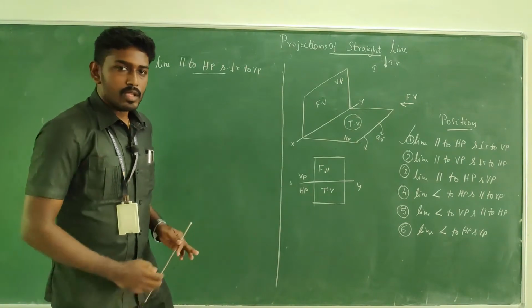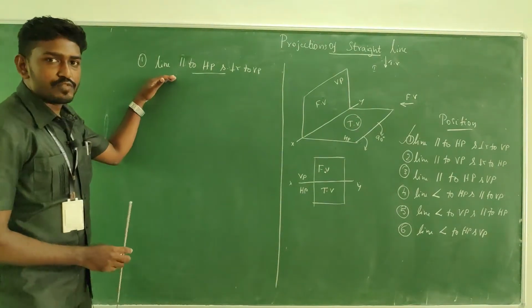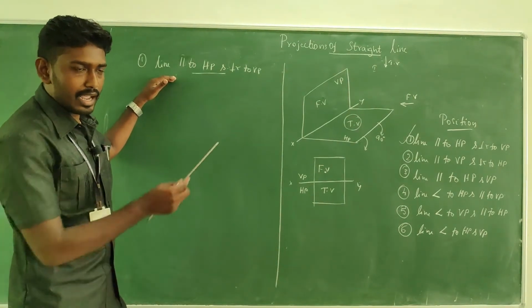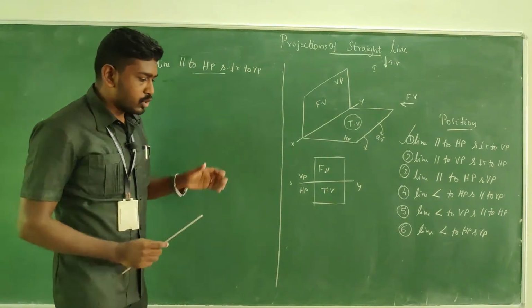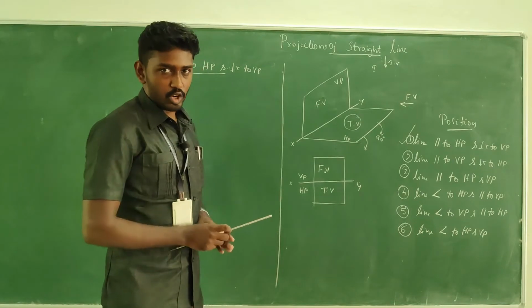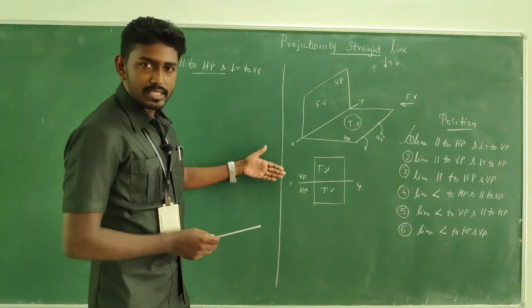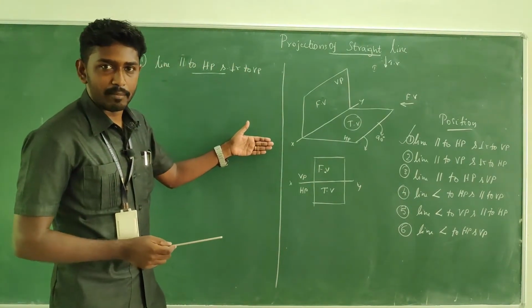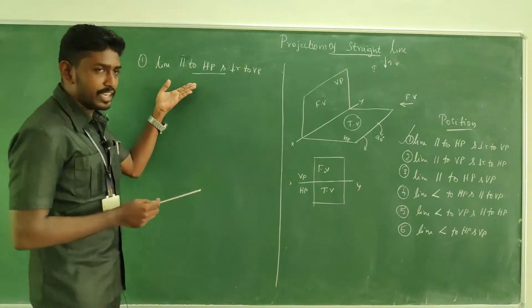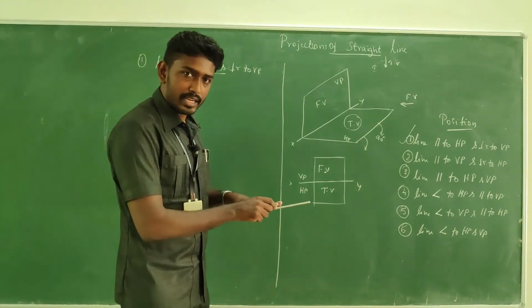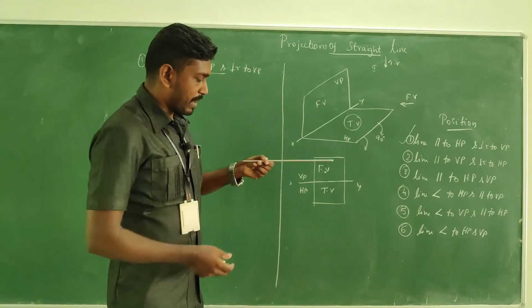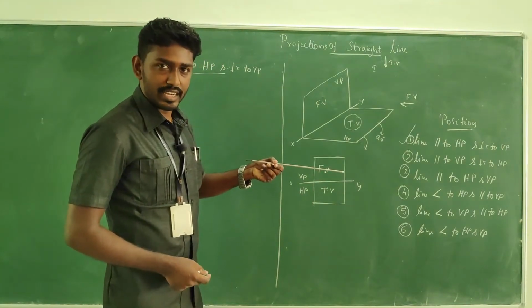Now for this first condition, I am going to place the object. Consider the ground as the horizontal plane and this vertical board as the VP, vertical plane. The condition is line parallel to HP, so I can place it like this since it is horizontal.